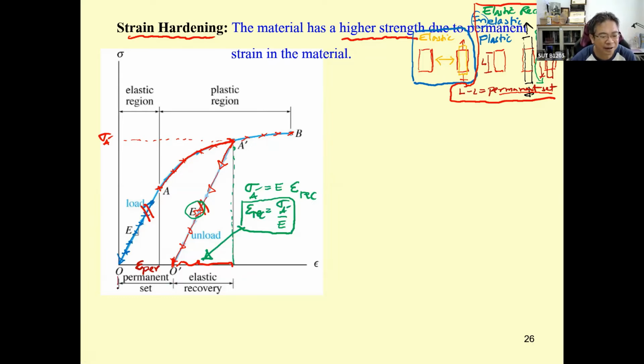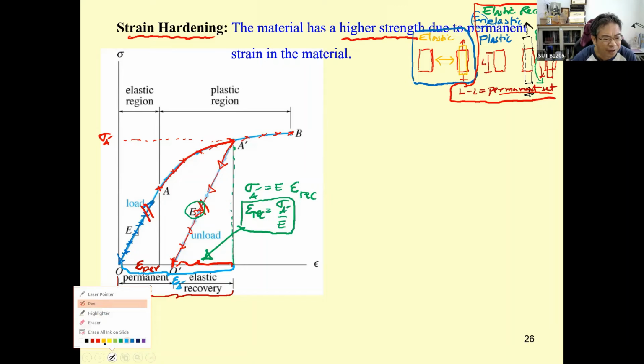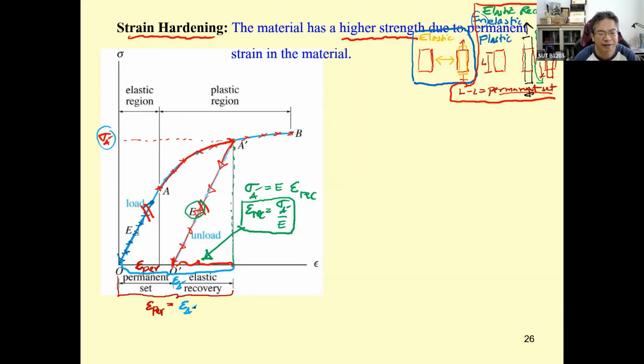Since you know the total strain that occurs due to the force, the stress sigma sub A prime, is going to be strain sub A prime. So the permanent strain is going to be equal to the strain at A prime, the strain due to this stress, minus the strain recovery.